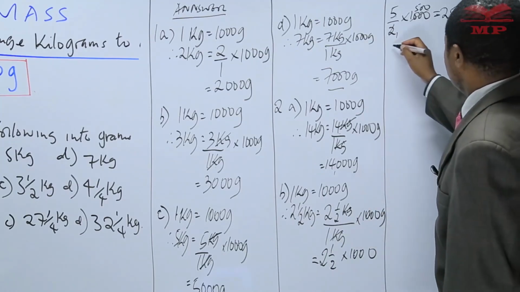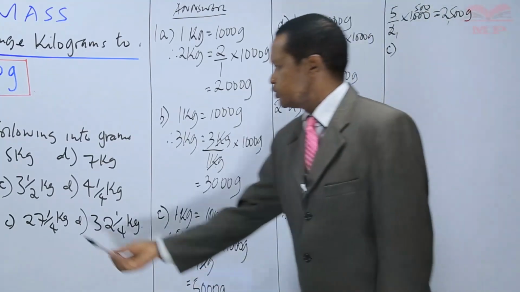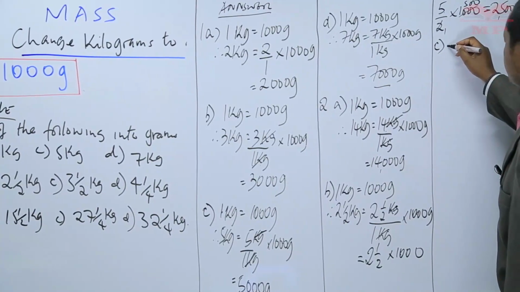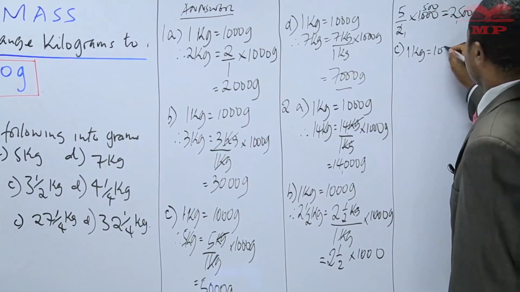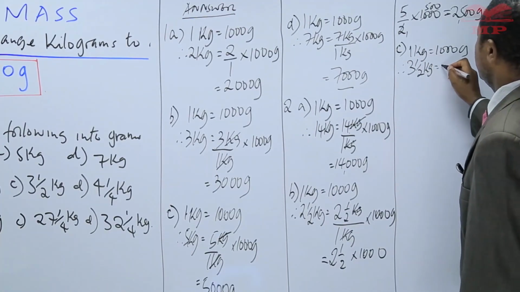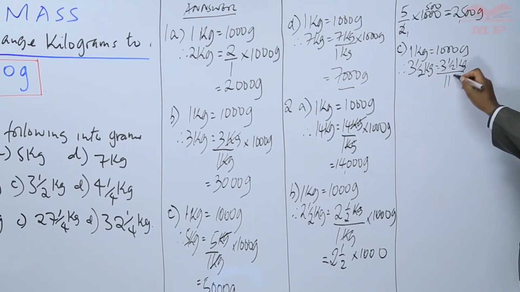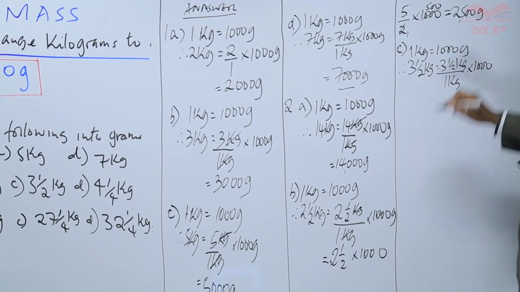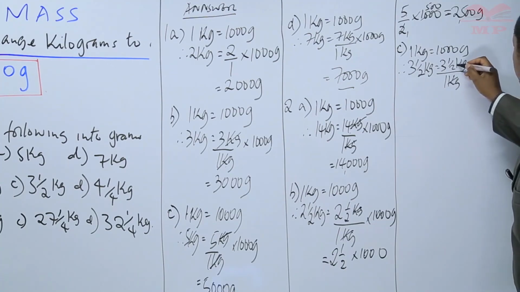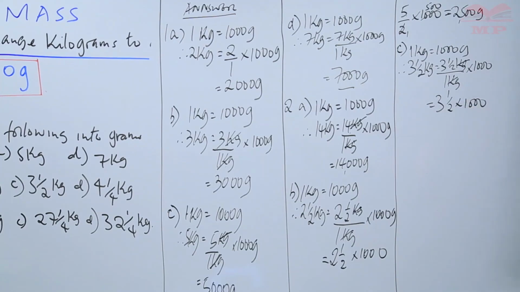Then you can move on to 2C. 3.5 kilograms. 1 kilogram is equal to 1,000 grams. Therefore, 3.5 kilograms will be equal to 3.5 kilograms over 1 kilogram times 1,000 grams. So this will cancel with this. Then we are left with 3.5 times 1,000.